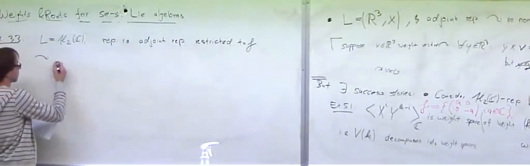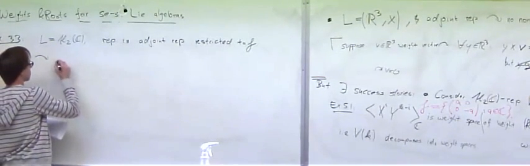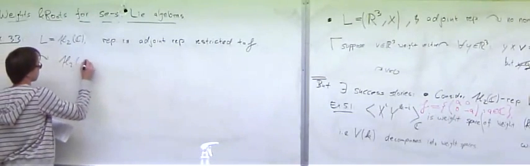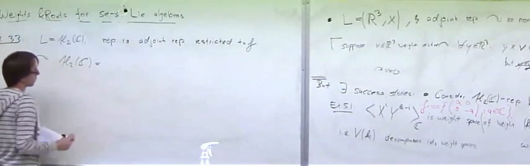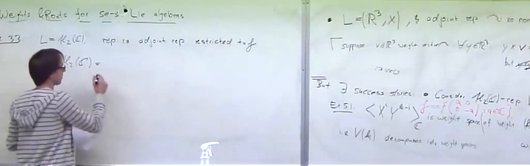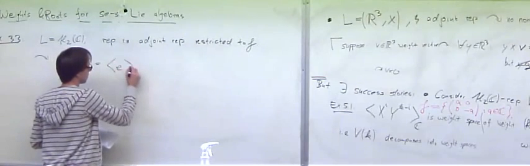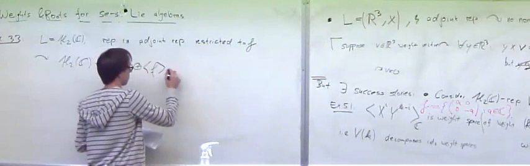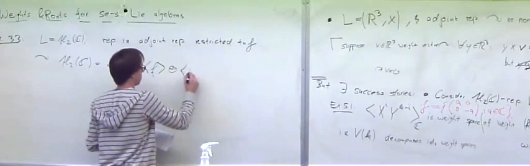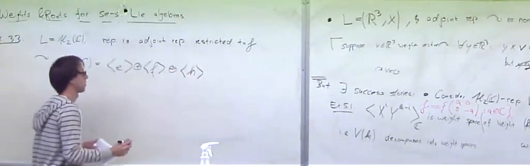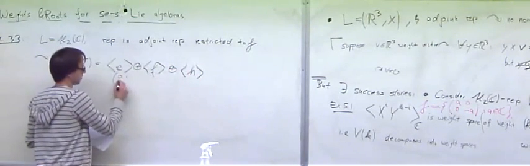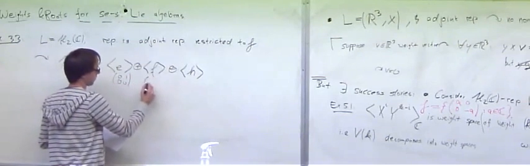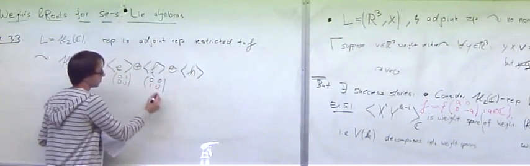So namely the weight vectors were E, F, H. I recall E was 0, 1, 0, 0. This element F was 0, 0, 1, 0.